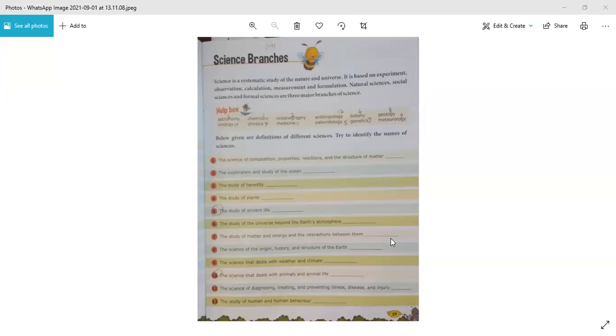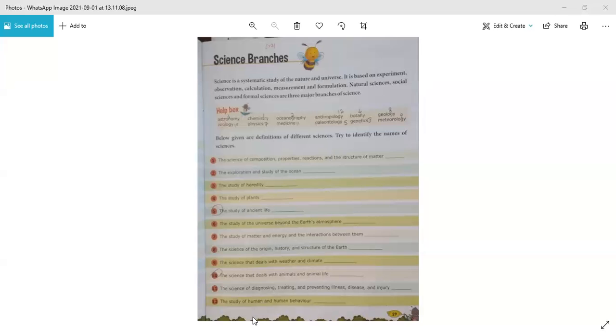See, when anybody wants to treat a patient, diagnose any disease, treat and prevent illness, disease, and injury, that science is known as medicine science. So the name for that is medicine. Okay. And when anybody wants to study about humans and human behavior, the term for that you have to learn is anthropology.